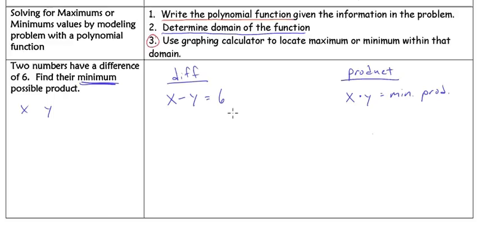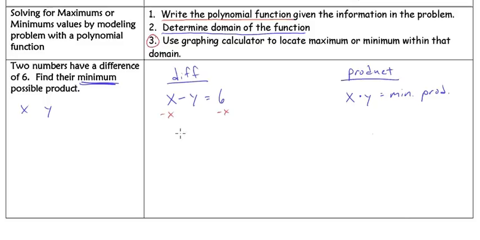So we've got x minus y equals 6, and I've got this other part over here. This is x times y equals the minimum product. But with these two variables, that's going to be too difficult to solve. So I'm going to take our difference over here, and let's solve for y. So I'll subtract x from each side.